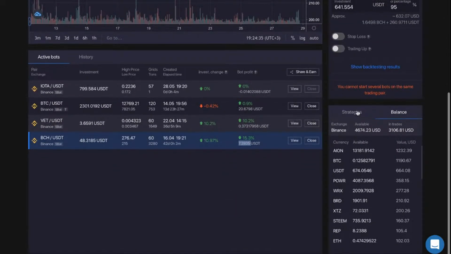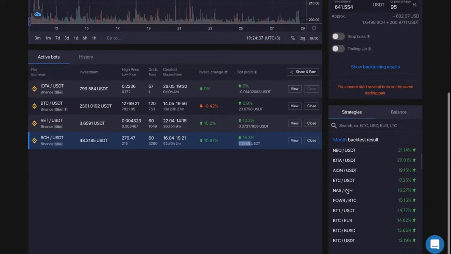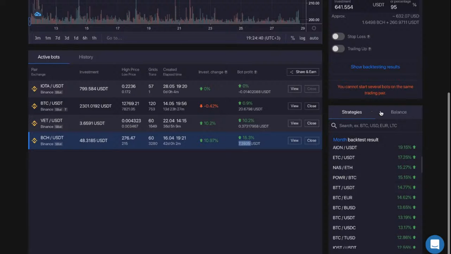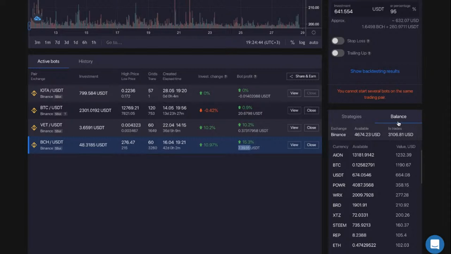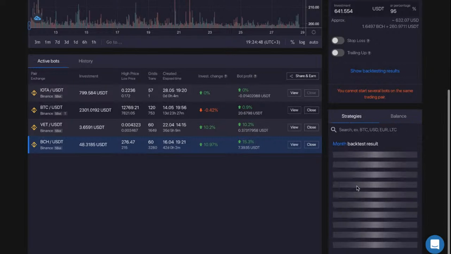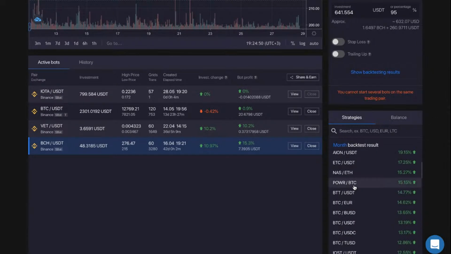Let's use once again strategies on the right side, and this time, okay, let me check what currencies I have on my balance. Well, I have BTC. Okay, so let's look for some strategies that are trading to BTC.